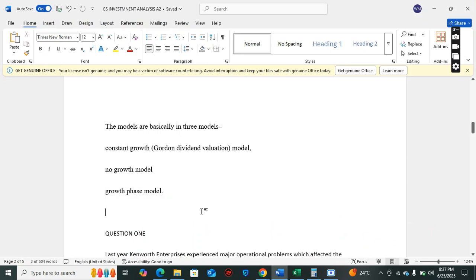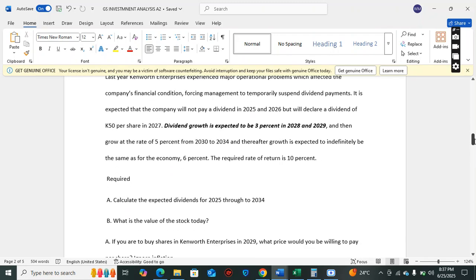So the first question that we need to know is, what is our starting year, basically? Colleagues, in this question, what year do you think is the starting year? Because if you get the starting year wrong, when you're discounting, you'll be using the wrong years.